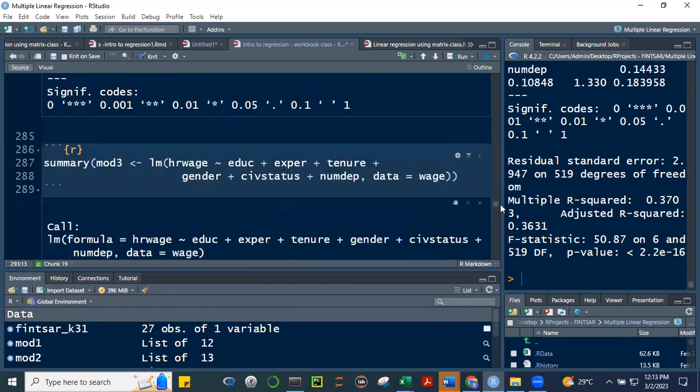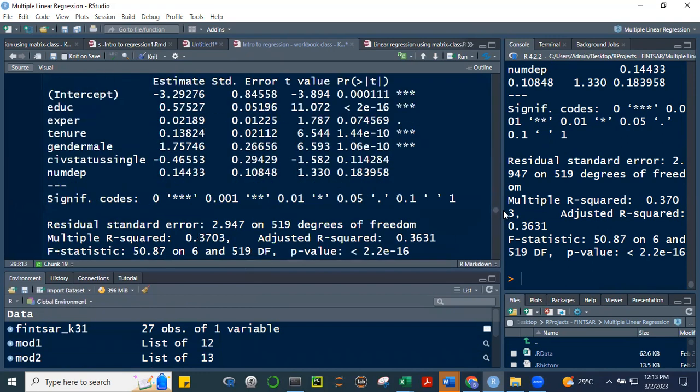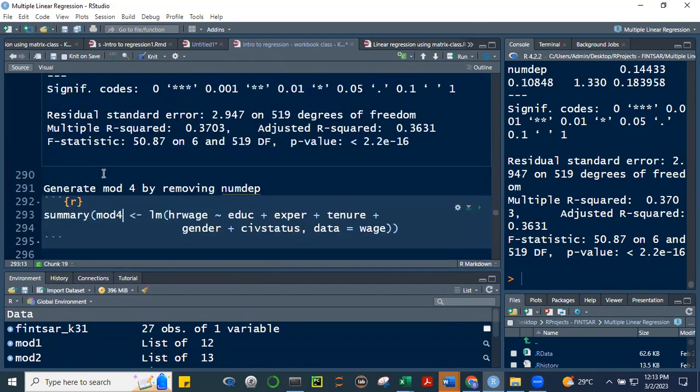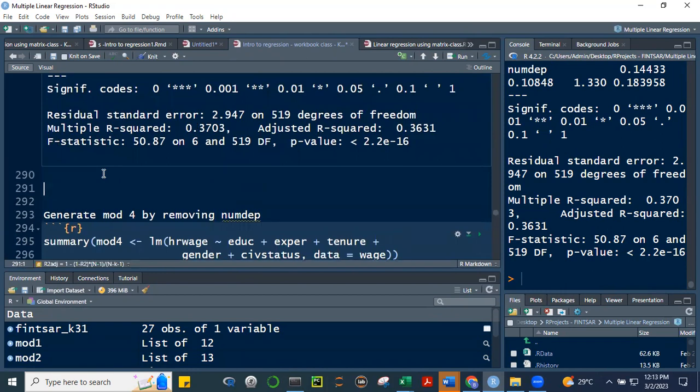Before we go to the next one, mag-ANOVA muna tayo dito. No? Compare natin. Let's compare model 2 and model 3. Kasi baka based on analysis of variance, baka mas okay na si model 2. No? Okay, baka mas okay si model 2. Yung mas maraming predictors.